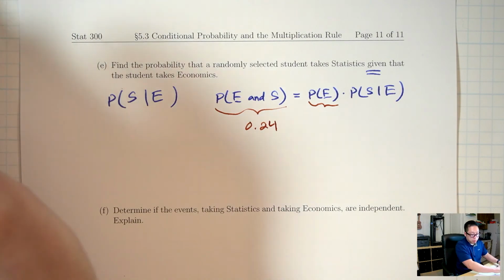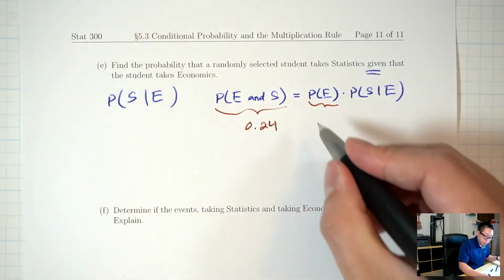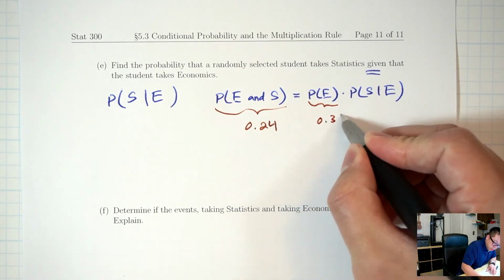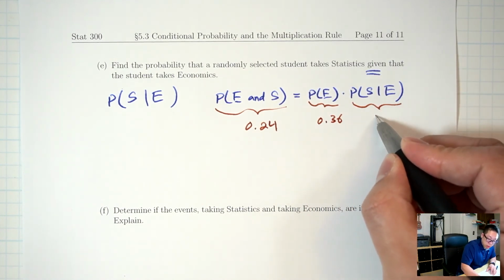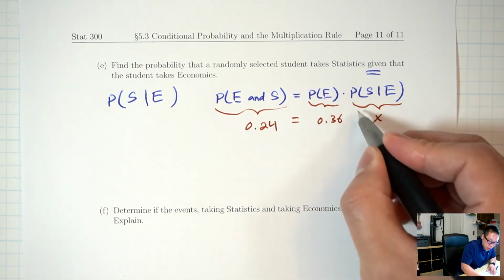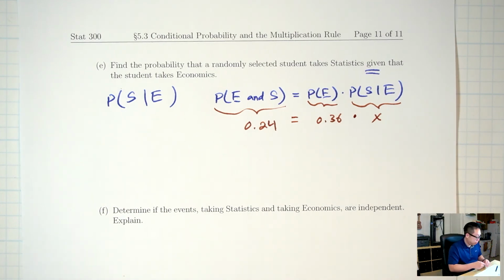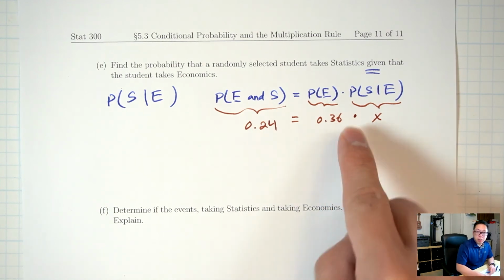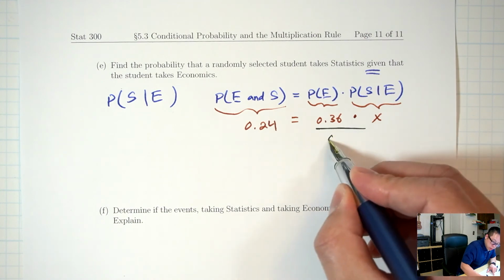Probability of E, 0.36. S given E, that's what I'm looking for. Let's call that X. Go through, fill in the symbols. There's an equals here, there's a times here, and then your job is to get the X by itself. Right now, there's a multiplication there, so to get rid of that 0.36, you're going to do the opposite, which is divide by 0.36.